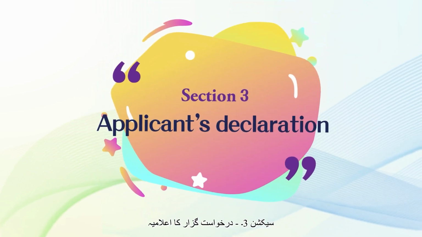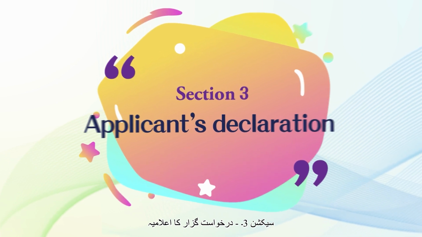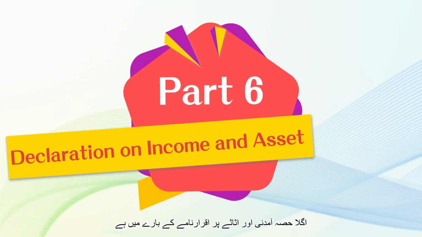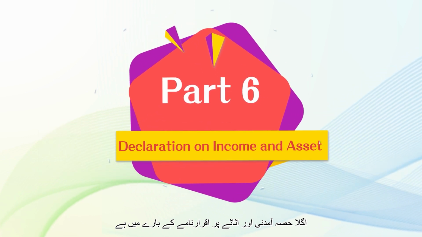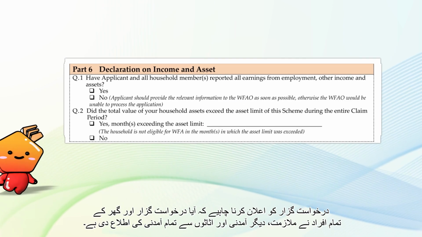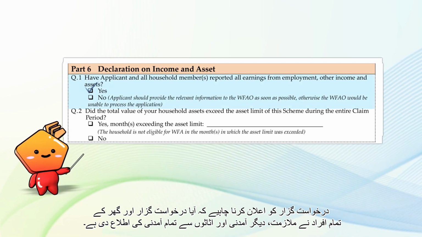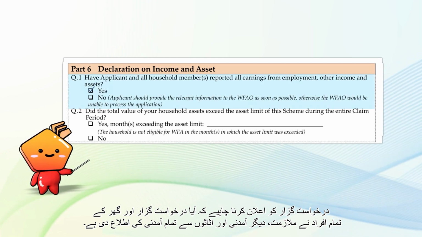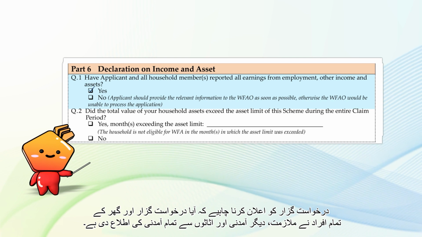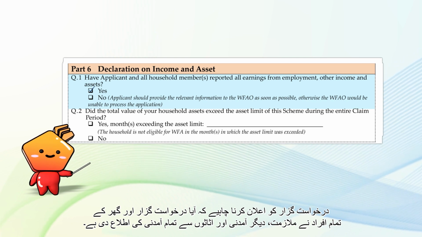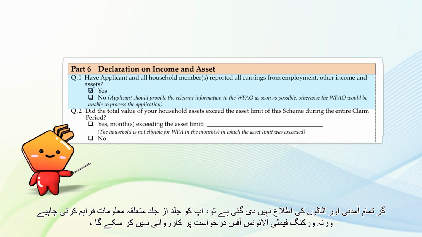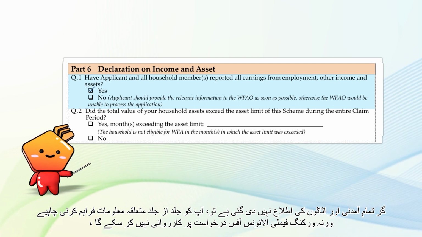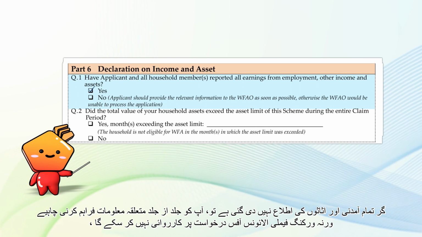Section 3. Applicant's Declaration. The next part is about declaration on income and asset. The applicant should declare whether the applicant and all household members have reported all income from employment, other income, and assets. If not all income and assets have been reported, you should provide the relevant information as soon as possible.